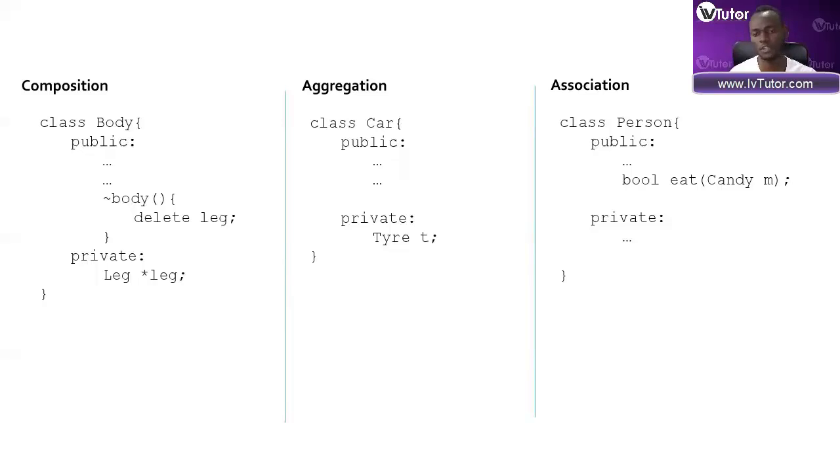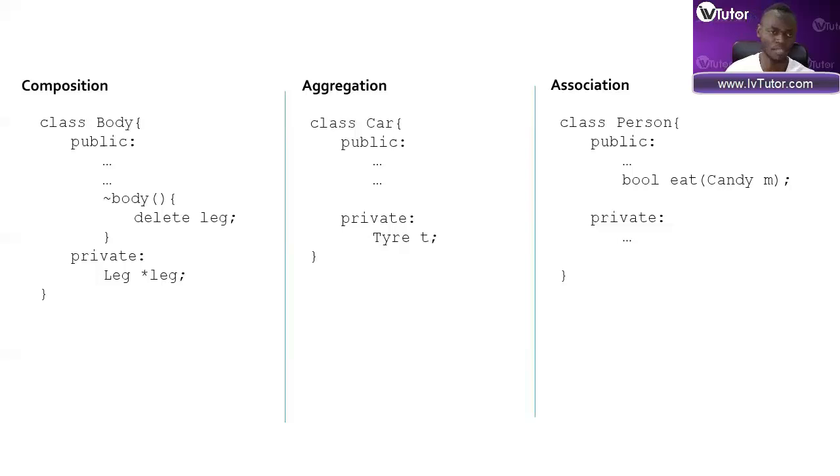Composition means that the child cannot exist without the parent. In other words, your class, in this case body, is composed of another object, in this case called a leg. So body is composed of a leg, car is composed of a tire.